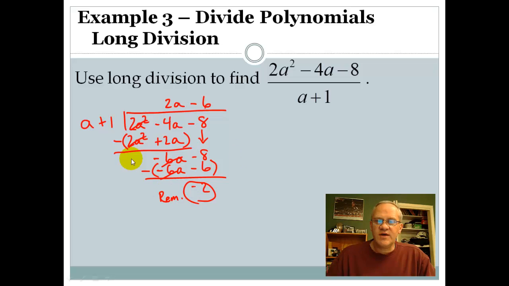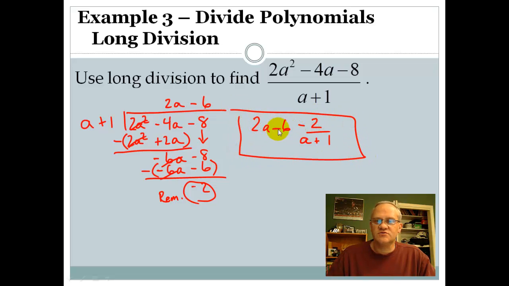So what do we do with that? Here's how we write it out. When we have a remainder, we're just going to write this out as 2a minus 6, and then minus 2 over what we started with when we're dividing, a plus 1. So this is what our answer would look like with the remainder: 2a minus 6 minus the fraction 2 over a plus 1.